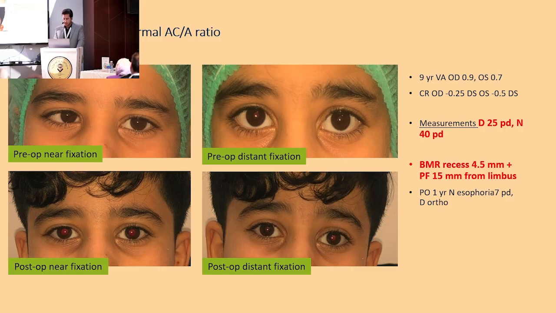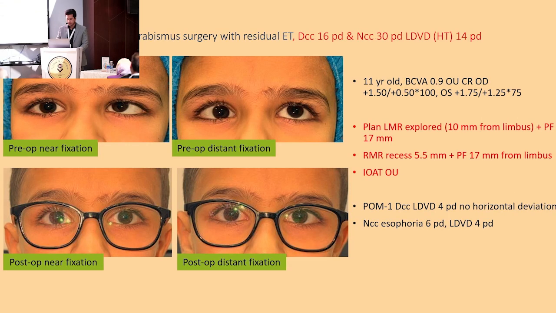Again, the distant angle was chosen as the surgical target, and a posterior fixation suture was added. One year after the surgery, he has an esophoria of 7 prism diopters for near, and he was orthotropic for far fixation.